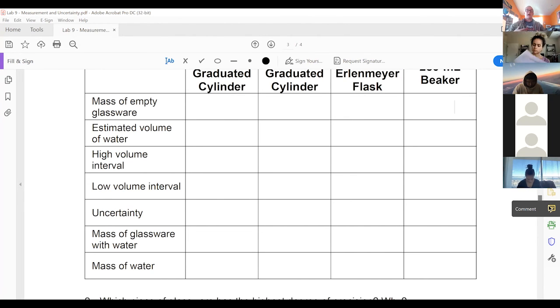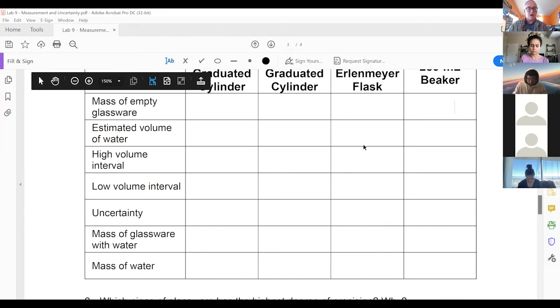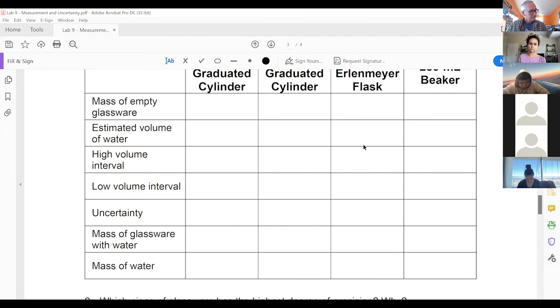No, that's only the target for the 10 mL graduated cylinder. There are different targets for each one. The target for the 25 mL flask is 17. The target for the beaker is 35. And what's the target for the 50 mL? I don't have that in front of me. 24. Right, so they're all slightly different.